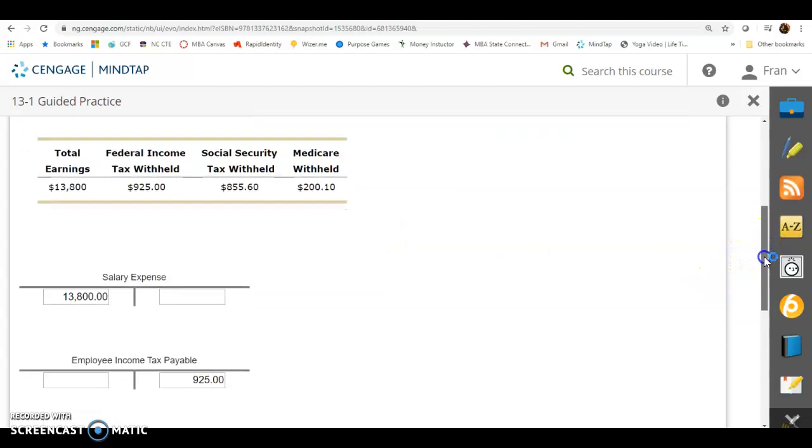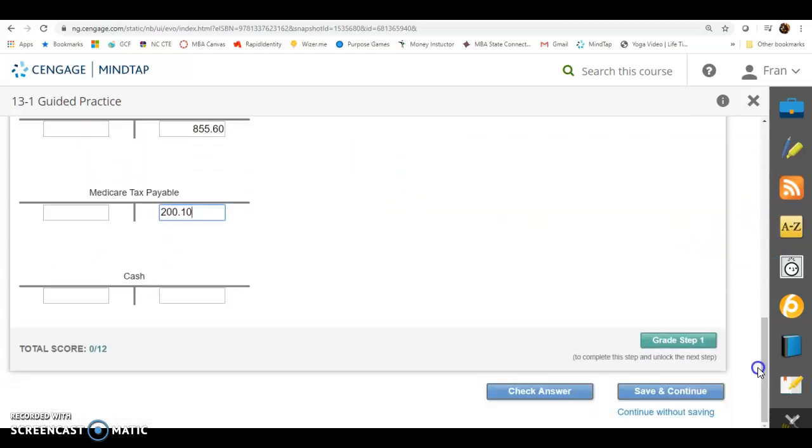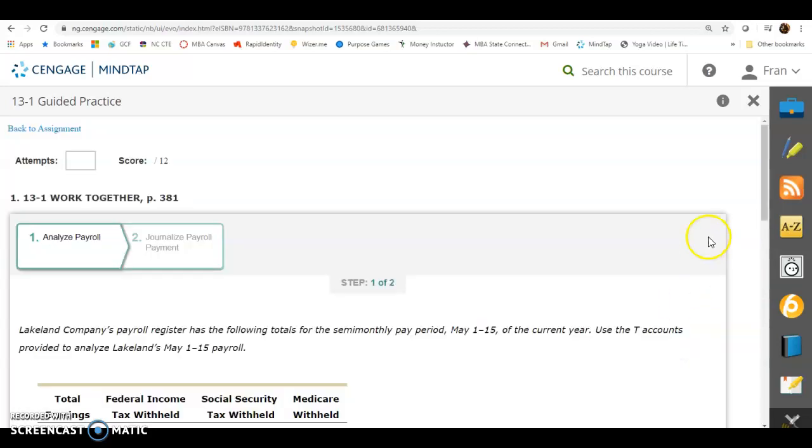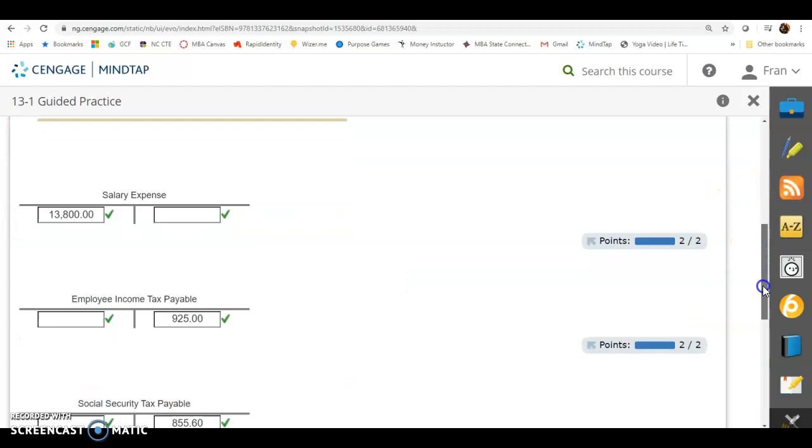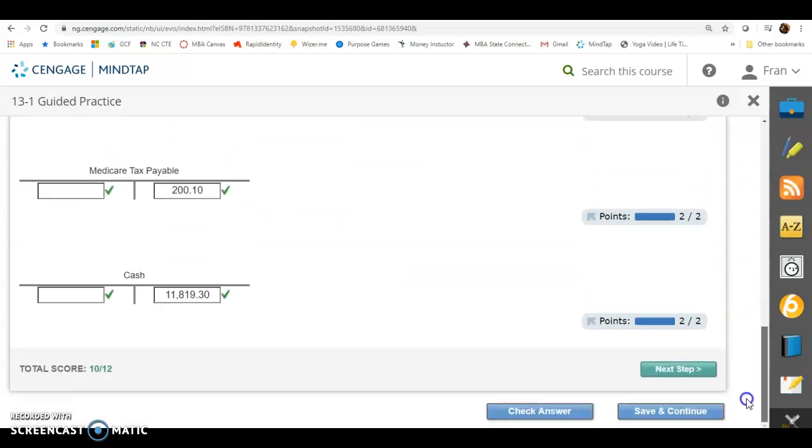And that will be the amount of check that we paid them. And if you do the subtraction there, your answer is $11,819.30. When we pay cash, it's a credit. Hopefully we still remember that much. All right, let's go ahead and grade step 1. And of course, everything's perfect here.